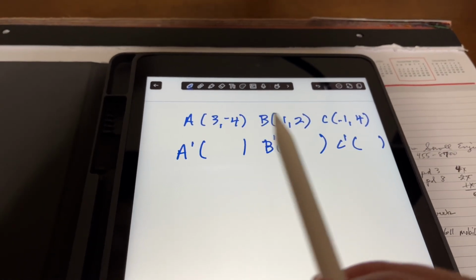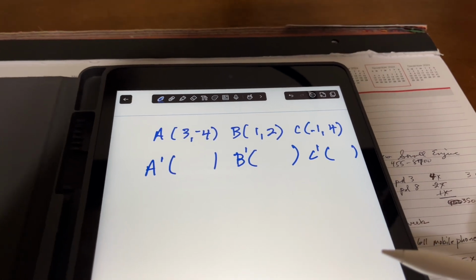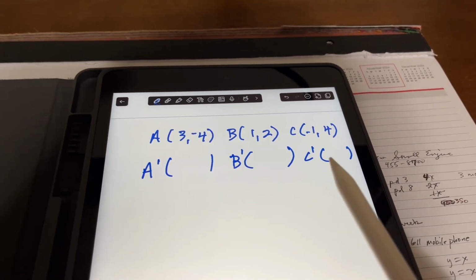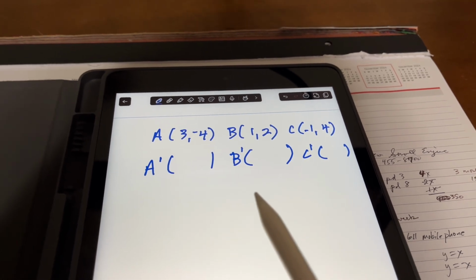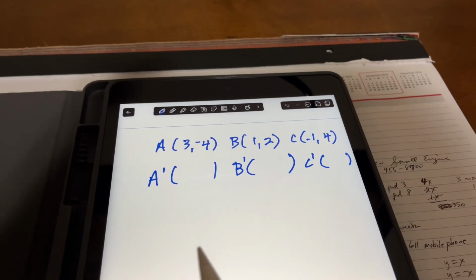So you would plot A, B, and C, connect with line segments, and you're going to have a triangle. And then you would draw A prime, B prime, and C prime and draw that figure. And of course they would tell you which line these points were being reflected over.